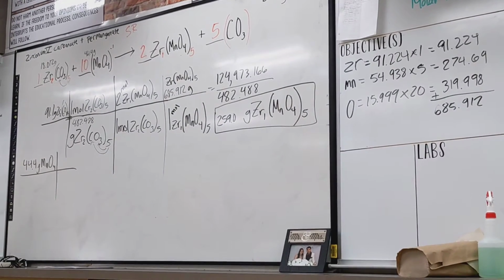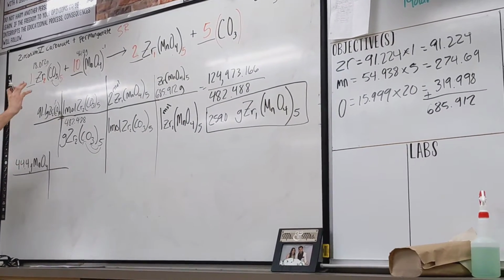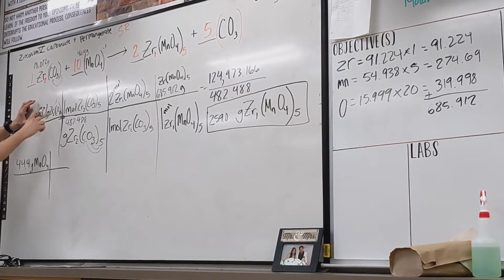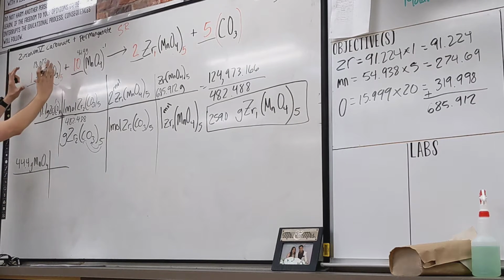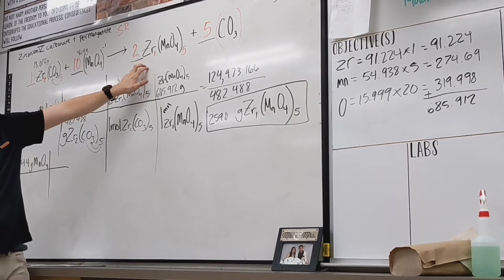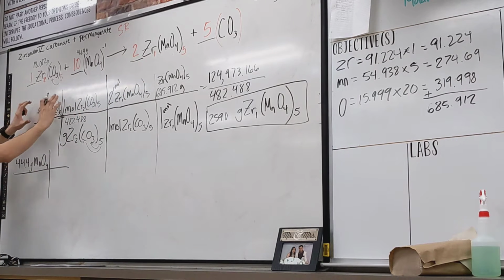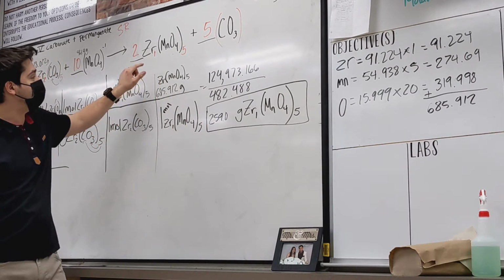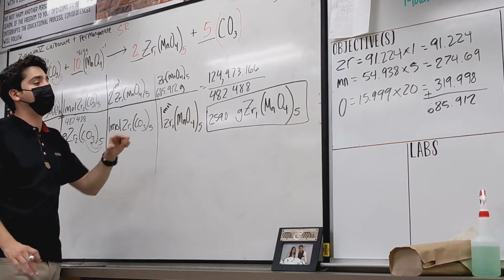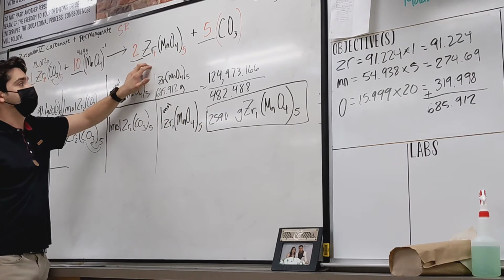All right, basically what we're saying is, if we start out with 91 grams of ZrO2 CO3 5, we're going to end up making this. This is the product that we want. If you have a total of 91 grams of this, we're going to end up making 259.0 grams of ZrMnO4 5.